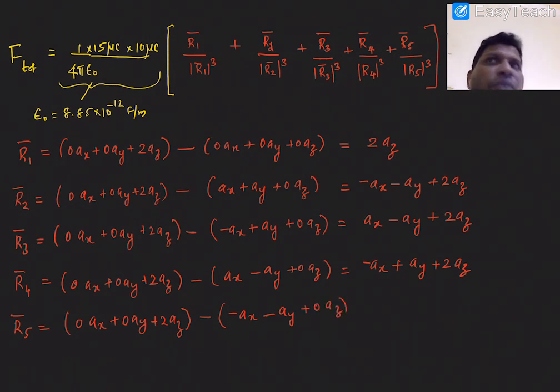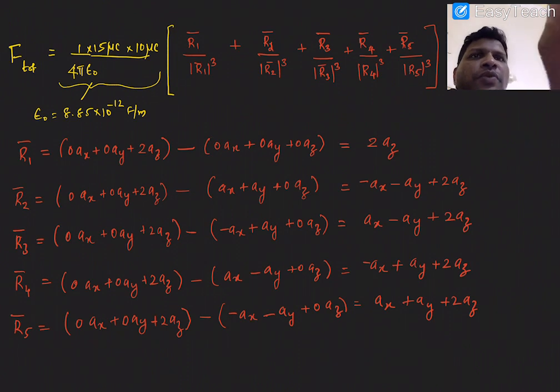That means this is the point. So here you will get ax plus ay plus 2 az. Now, we will also find the magnitude of each one.